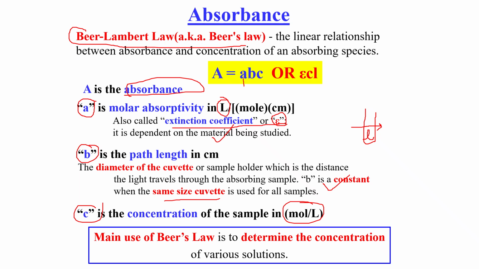First is molar absorptivity, second is path length, and third is the concentration of a colored solution. Or it can be represented by epsilon, the molar absorptivity of a solution, c the concentration, and l standing for the path length or the length of the cuvette. So this is how the absorbance can be determined using a colored solution.